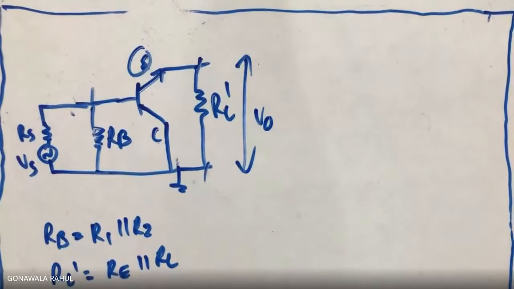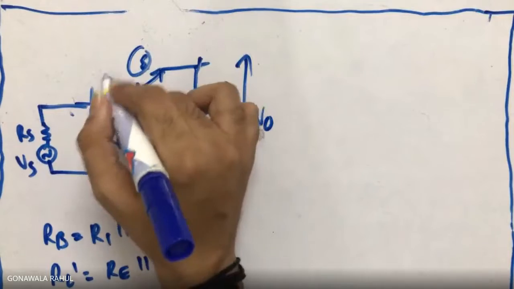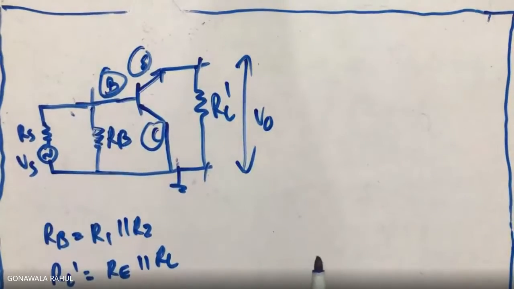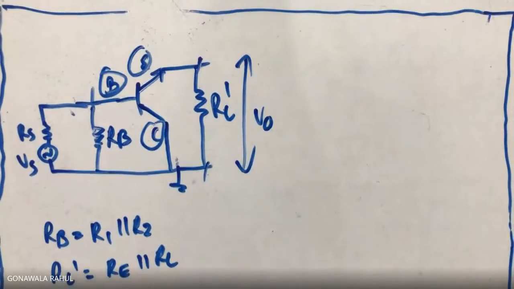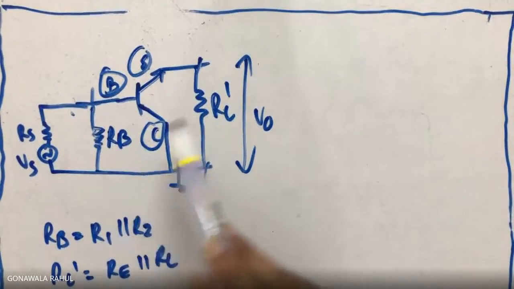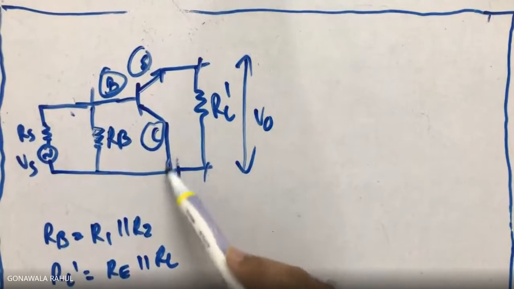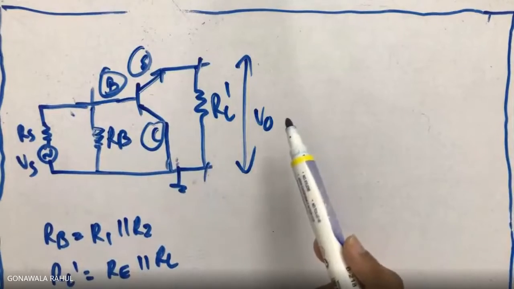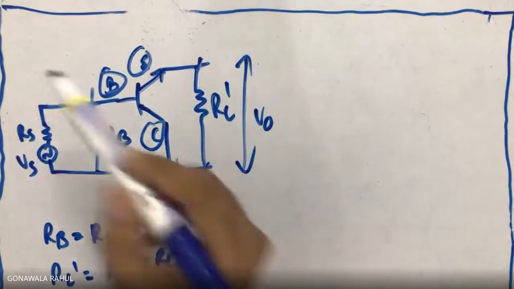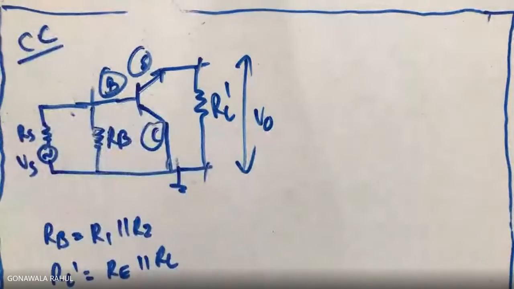This is now a very simple circuit, isn't it? Where this is the emitter terminal, this is the collector terminal, and this is our base terminal. This is our AC equivalent circuit. Since in the AC equivalent circuit it is clearly visible that the collector acts as a common terminal between input and output, hence it is named common collector. That we know very well.